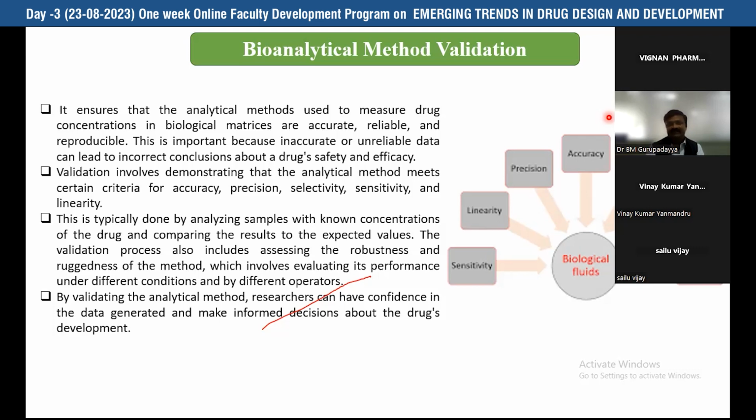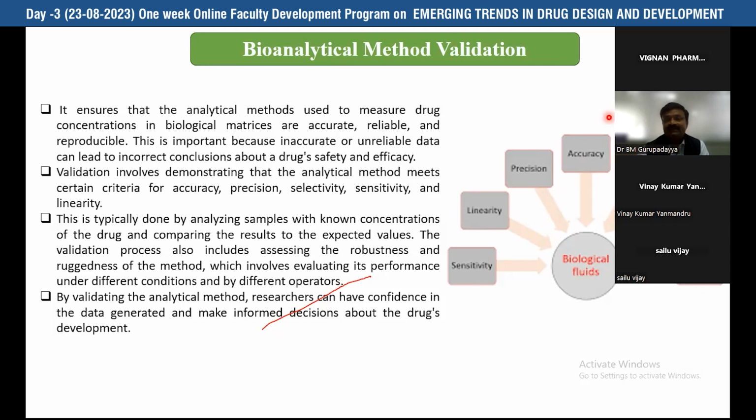This validation involves demonstrating that the method meets criteria, where there are around 9 parameters, so that you can identify the different methodology when the sample is in the biological fluid.